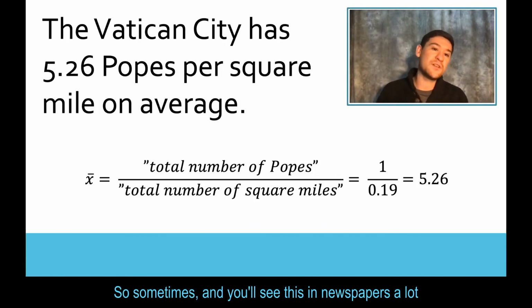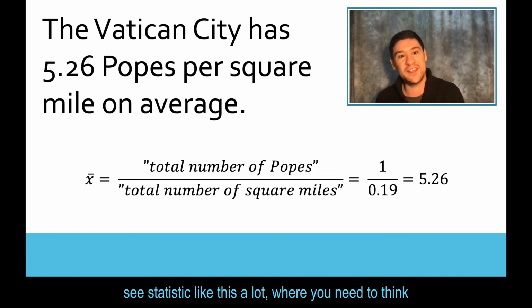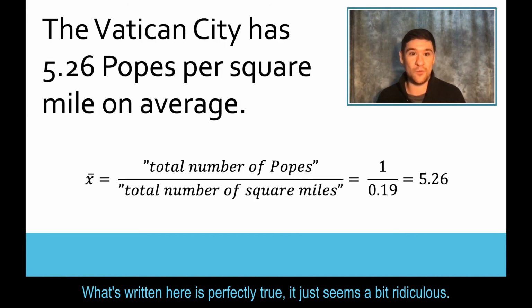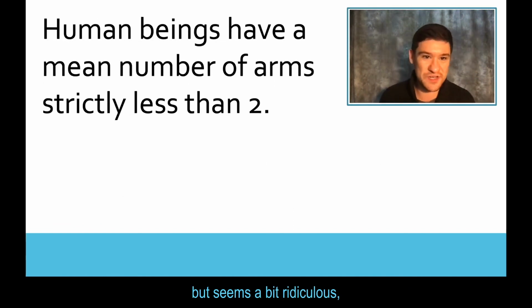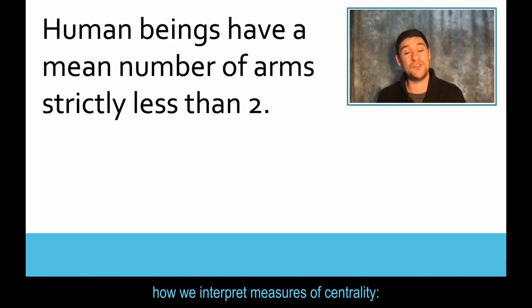So sometimes, and you'll see this in newspapers a lot, not this exact one, but you'll see statistics like this a lot, where you need to think, how did they work that out before really being able to interpret it? What's written here is perfectly true. It just seems a bit ridiculous. Another example of something which is perfectly true but seems a bit ridiculous, so it just means we need to think more about how we interpret measures of centrality.